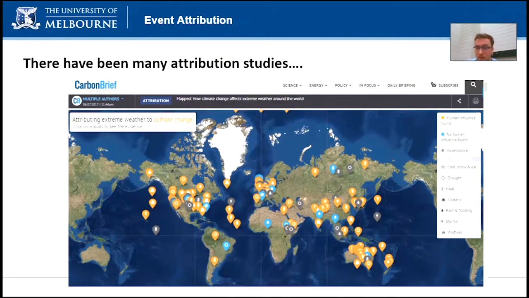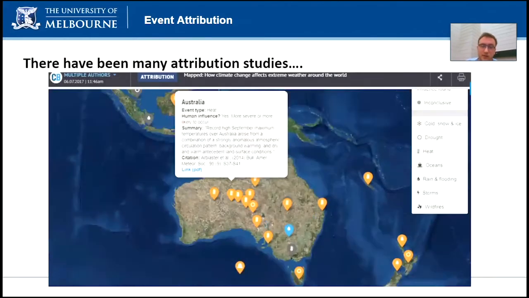The different colours indicate whether there was a human influence found in a particular event, and the different symbols within those pins show the type of event that the studies were looking at. And we can see for Australia, there's lots of heat extremes being studied, as indicated by these thermometer symbols, rainfall extremes as well.